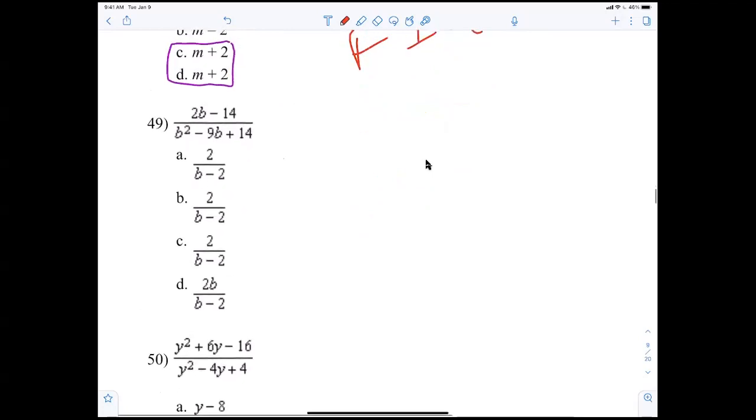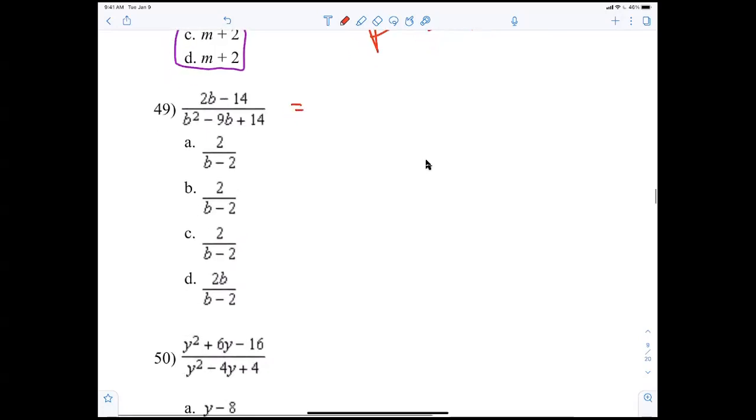Okay. So here we go on 49. So I have factoring out of 2, B minus 7, over B minus 7.